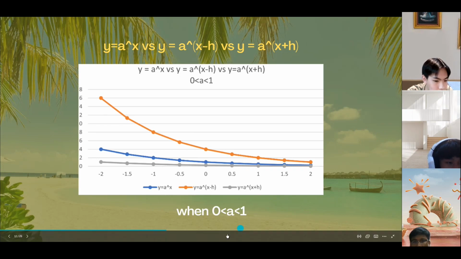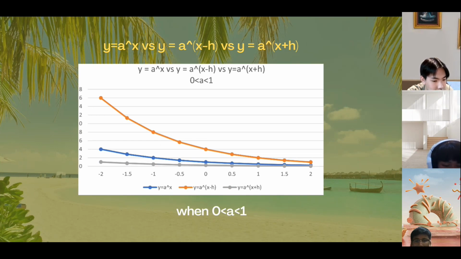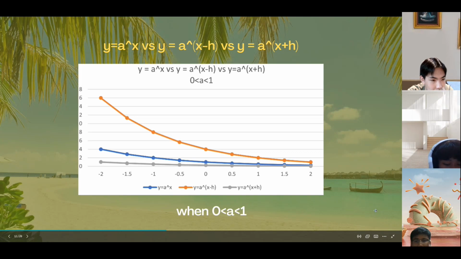The graphs are exponential decay, but they are different in transformations. These results are similar to the previous one, but this one does not move up or down. The result is move left or right due to the constant plus or minus with the x value.